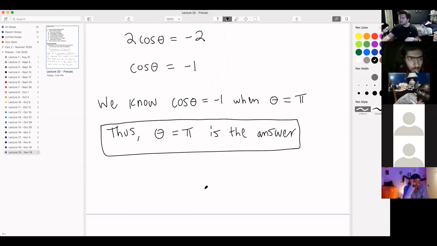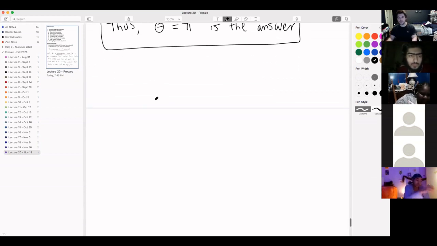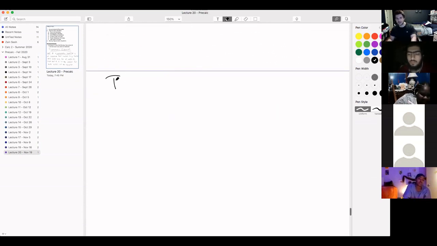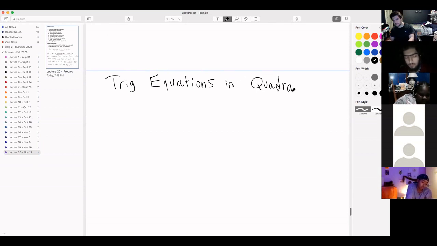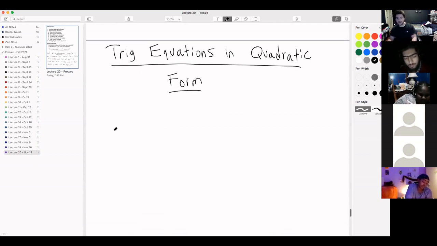All right, last thing. We're now going to talk very quickly about trig equations in quadratic form. Okay, here we go. Example.